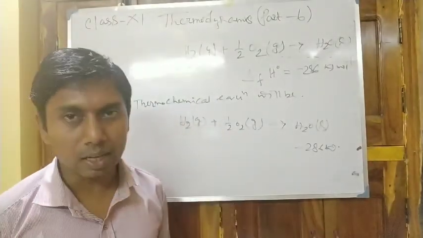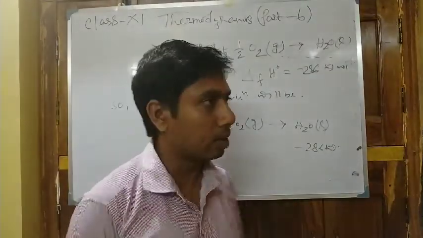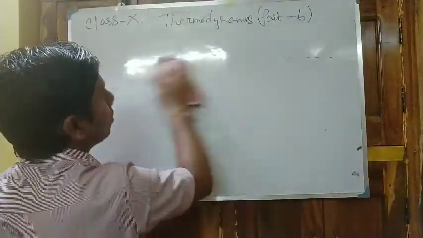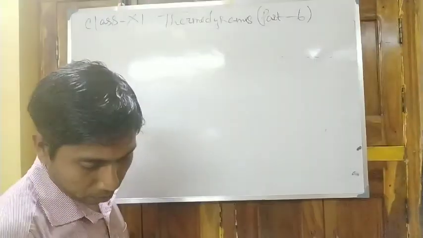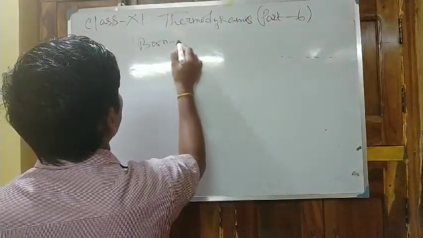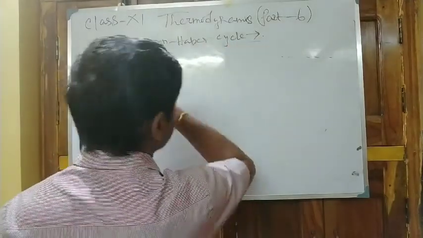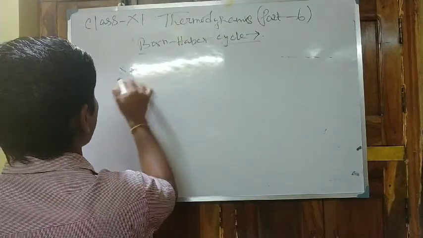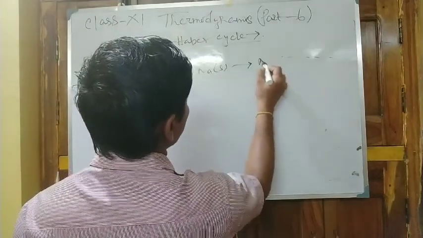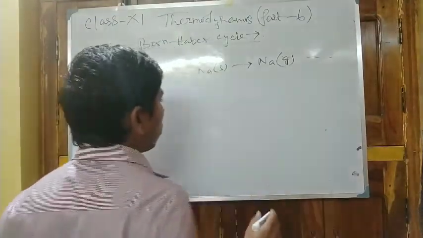In the Born-Haber cycle we have to take the example of sodium chloride. Taking this example, first, sodium solid state to sodium gaseous state. It is called energy of atomization.